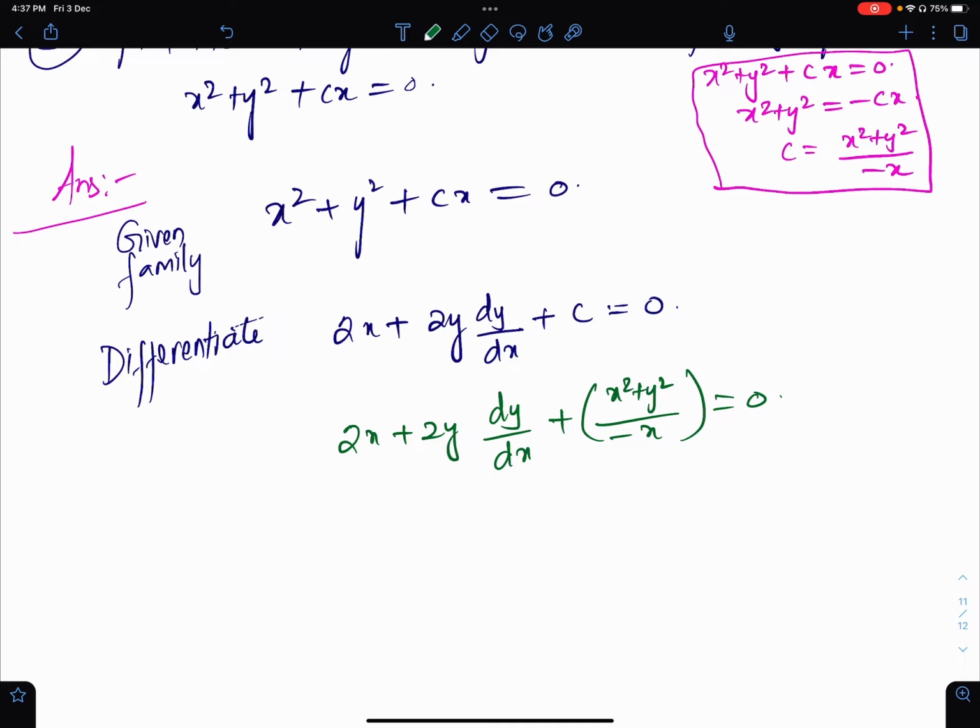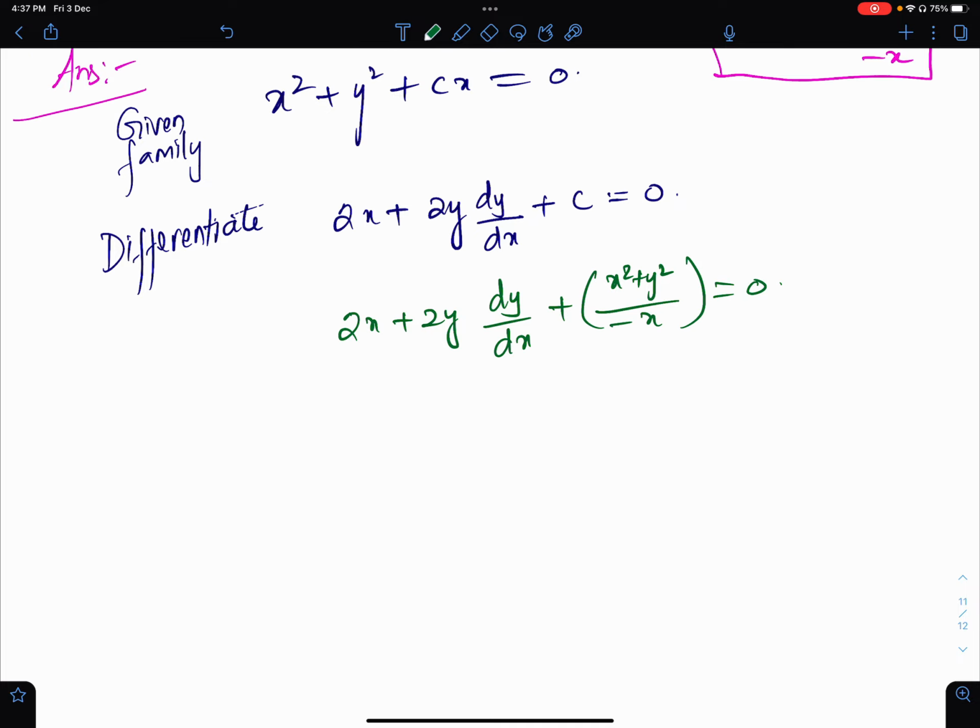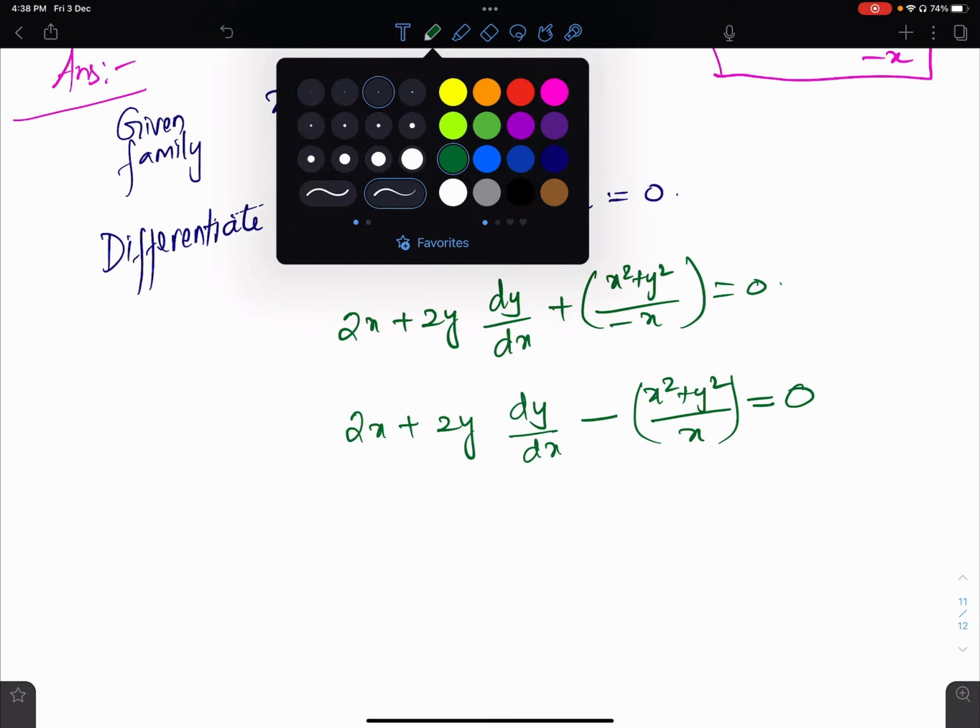I can write it in a clearer way. 2x plus 2y dy by dx minus, bring that minus in the front, x square plus y square divided by x equal to 0. Now multiply every term by x, so that I can remove that x in the denominator.